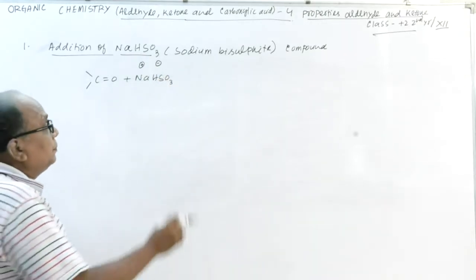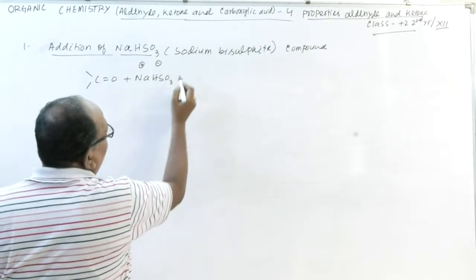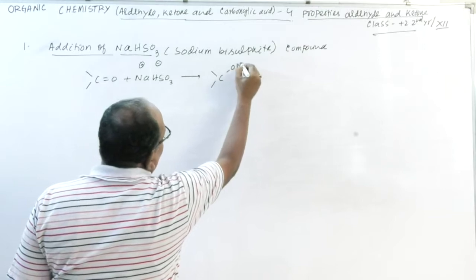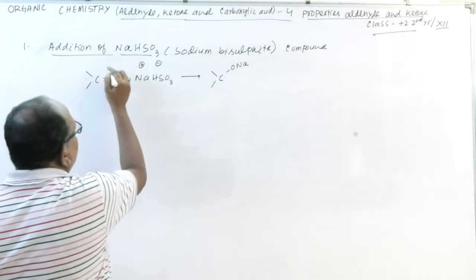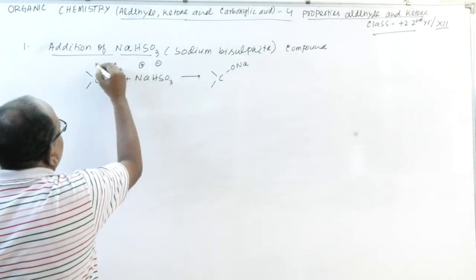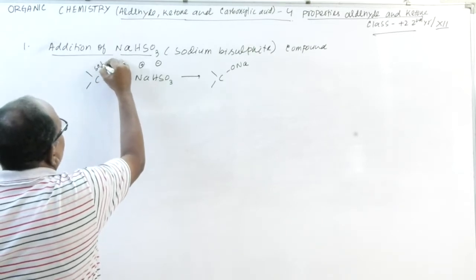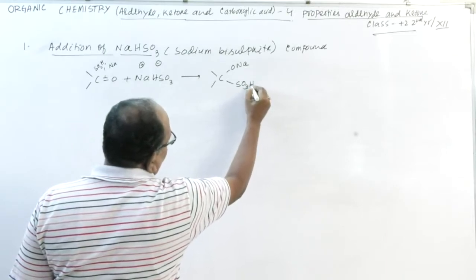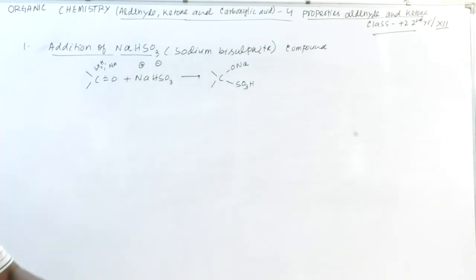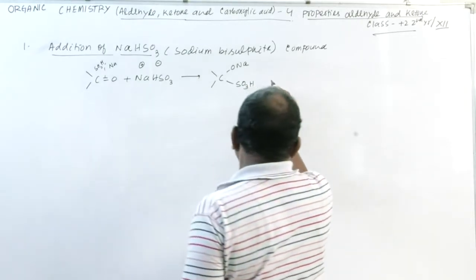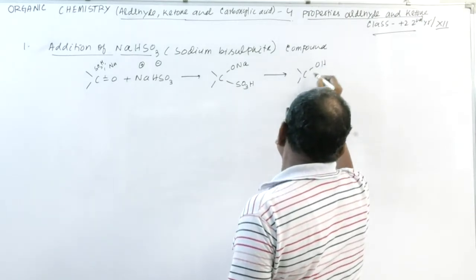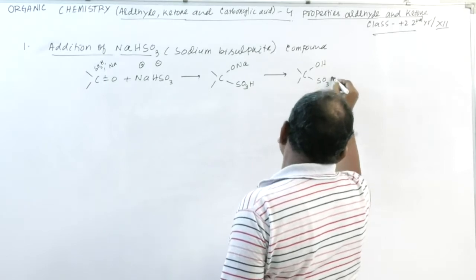So this adds across the pi bond. This becomes C-ONa on one side and SO3H on the other side.